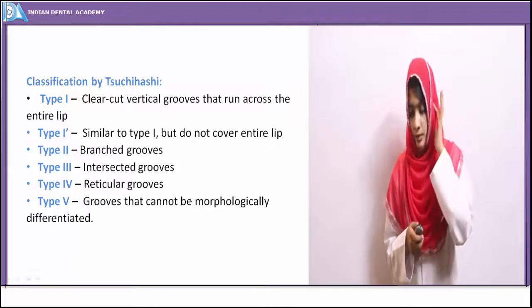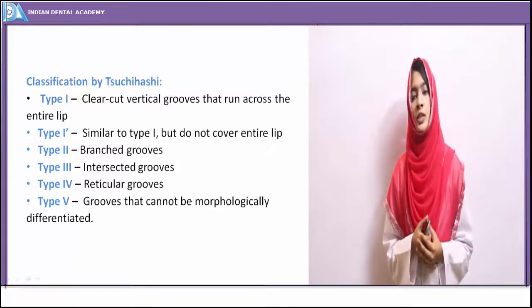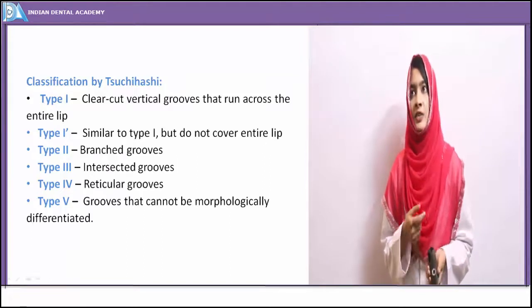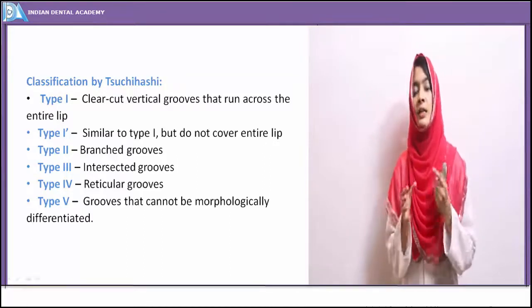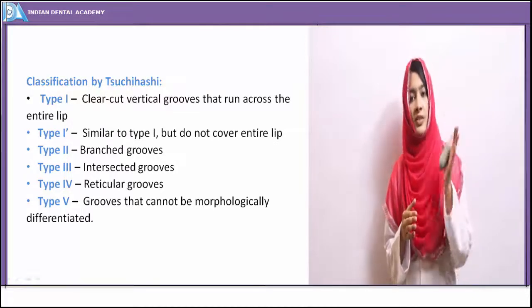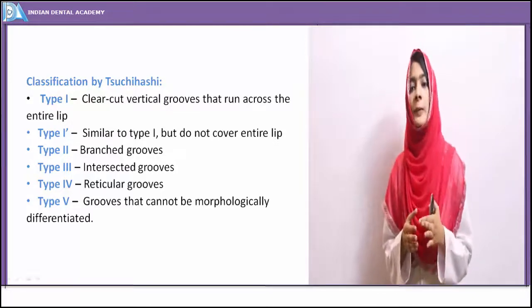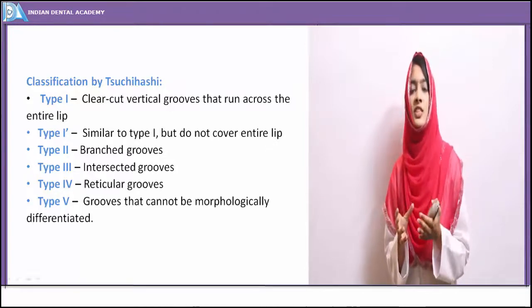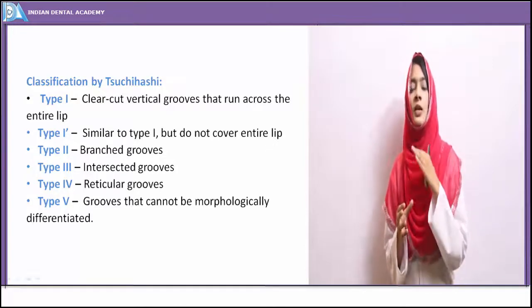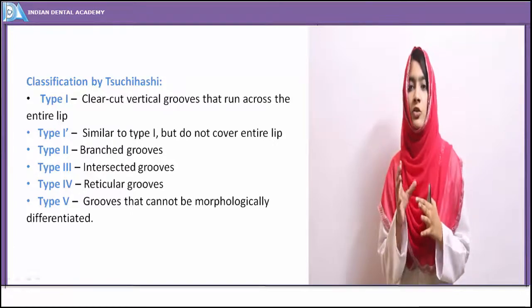But the problem that arises in lip printing is the transition zone between the vermilion border and the adjacent skin. Because it is an extremely mobile zone, it may present different features when different amounts of pressure are applied.